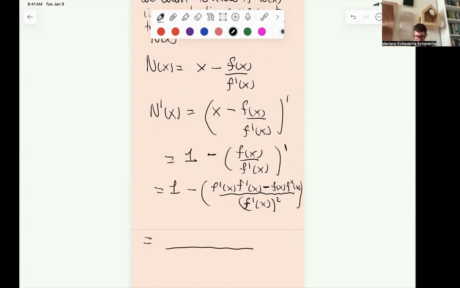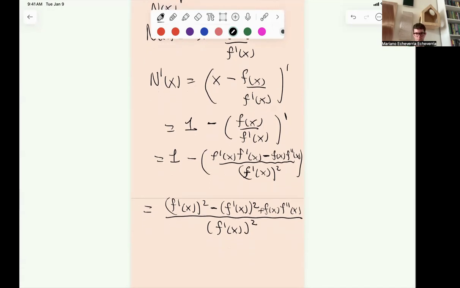Using a common denominator, the first two terms cancel. So you end up with this useful formula for the first derivative.